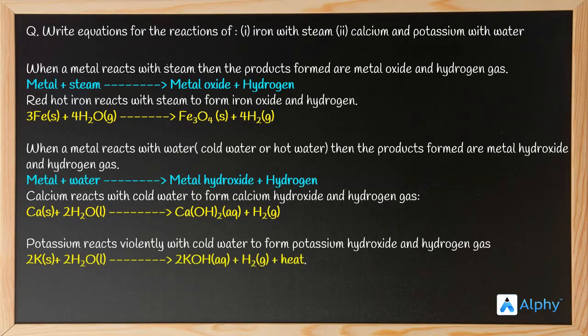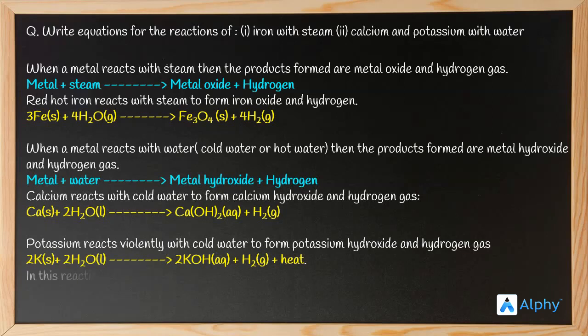Because this reaction is violent, it's quite harmful to perform, as it gives out heat. It is an exothermic reaction, and along with energy it gives out hydrogen gas, and potassium hydroxide is formed in its liquid state.